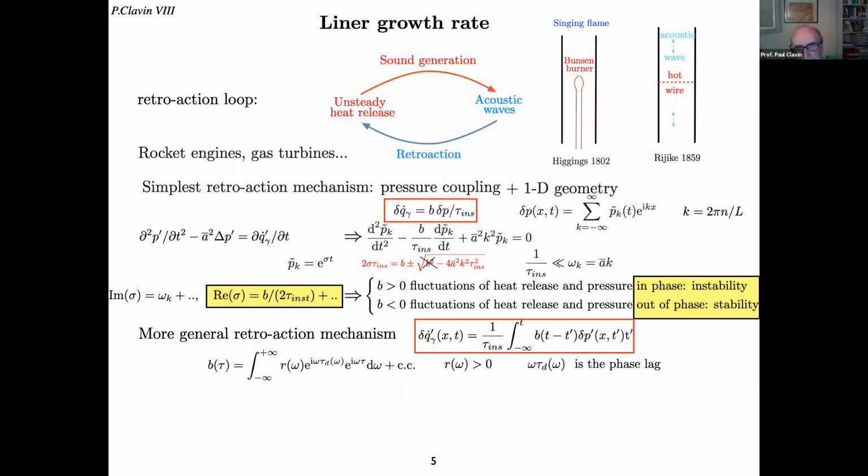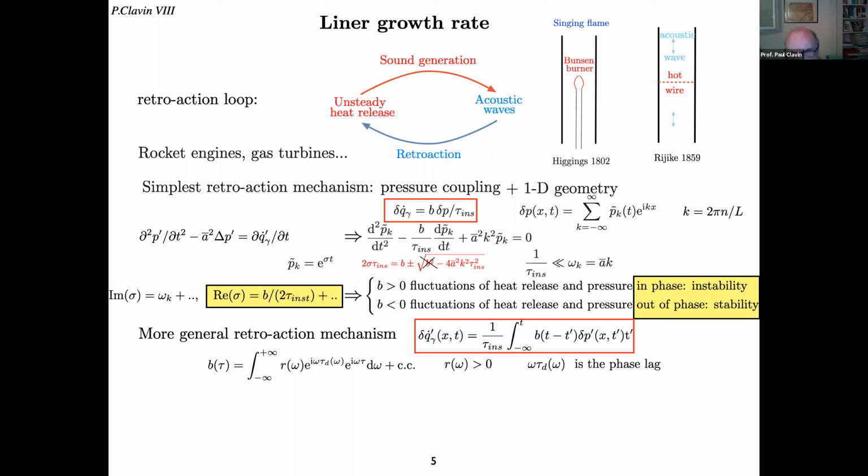Now, when you are facing a real problem, you have a delay between the pressure and the heat release. For example, if the combustion involves droplets of hydrocarbons that vaporize, you have a delay in the vaporization or in the injection.